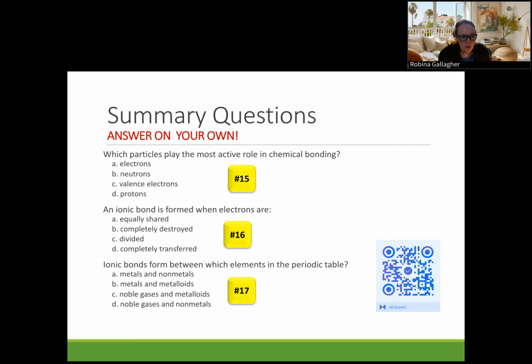And then the last one, which elements in the periodic table? Is it metals and nonmetals? Metals and metalloids? Noble gases and metalloids? Noble gases and nonmetals. If you want to check your answer, you are more than welcome to private message me, and I will tell you if you are right or wrong. But those are our last 3 questions for today.